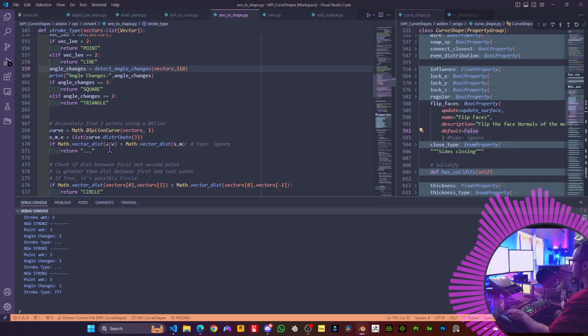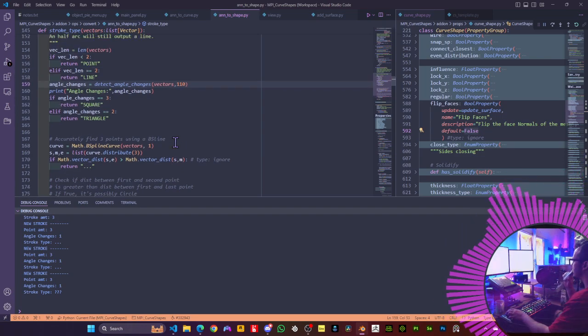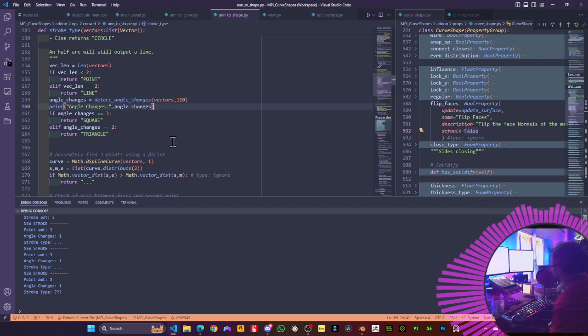Yeah, these guys fall down here. They do have 1 angle change. And they do have 3 points, all of them. What do you call that shape anyway? It's not a triangle.